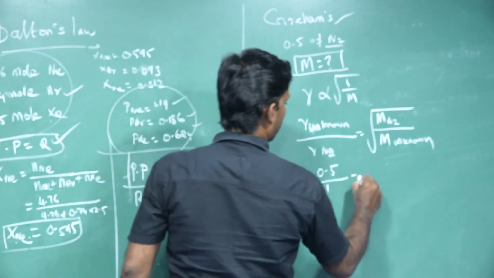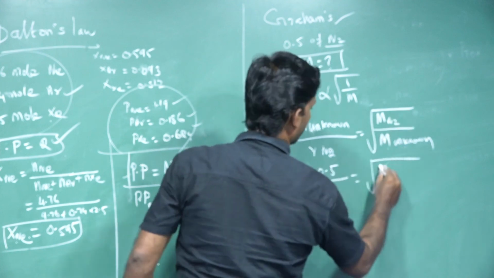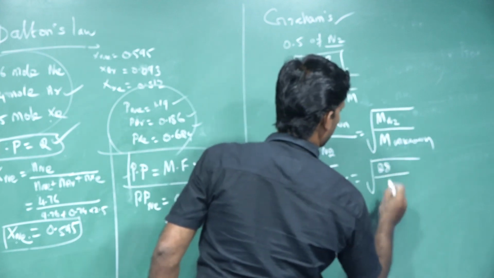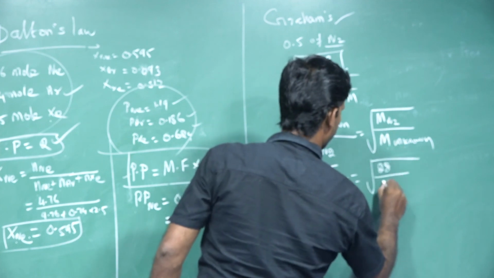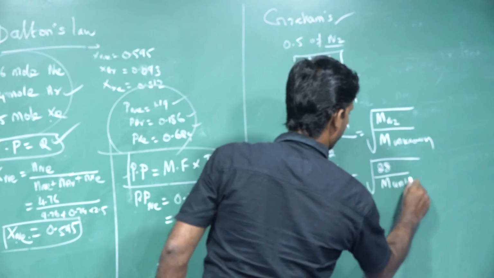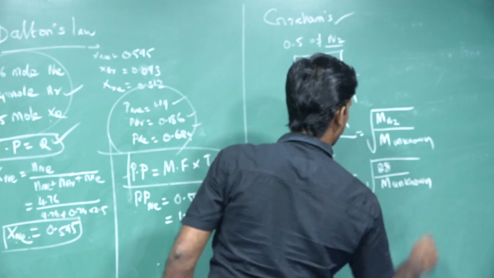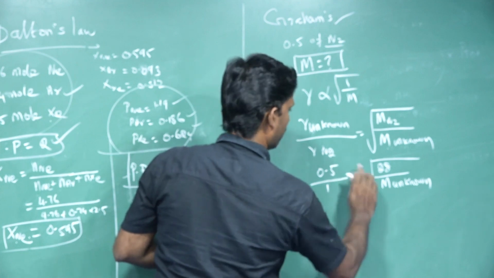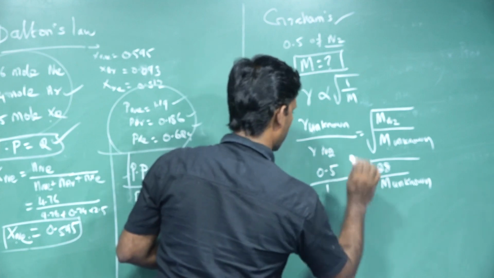If you take 1, then the molecular mass of nitrogen, you know that is 28. We need to find the molecular mass of unknown. Okay. What to do? If you take the square of both sides, the square root will be cancelled.